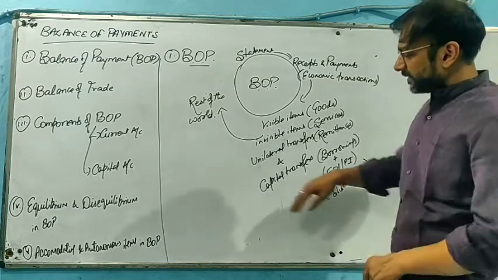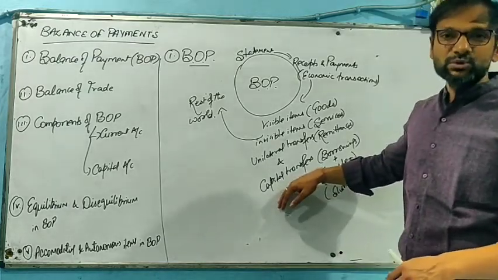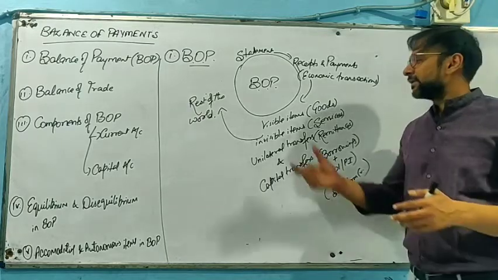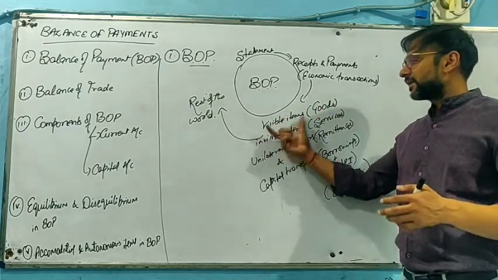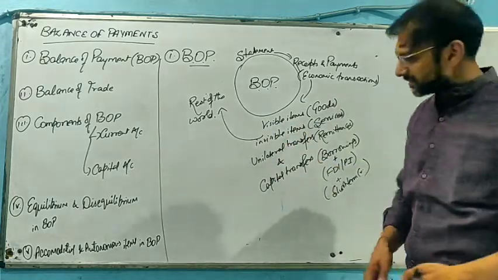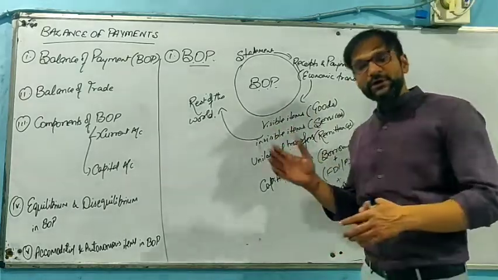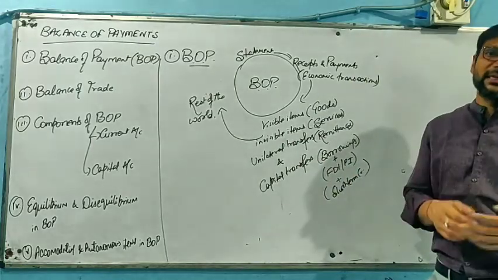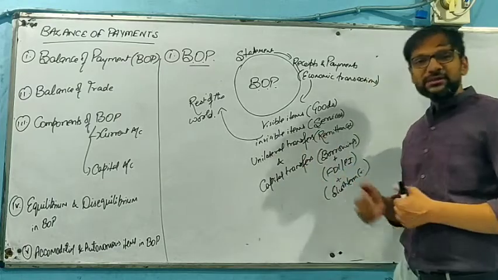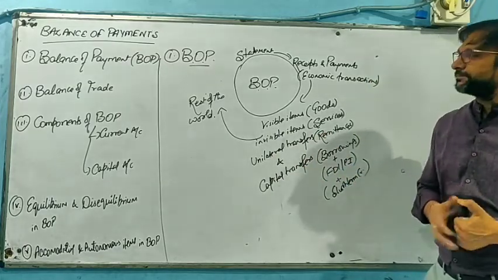Fine. It means the capital transfers are those transfers that are impacting the assets and liabilities of a country or economy, whereas visible items, invisible items and unilateral transfers are basically such transfers that are not impacting any assets and liabilities of an economy. These unilateral transfers are also called current transfers.